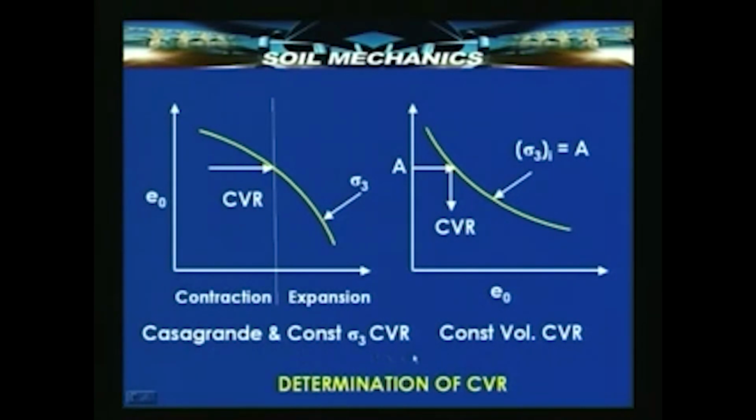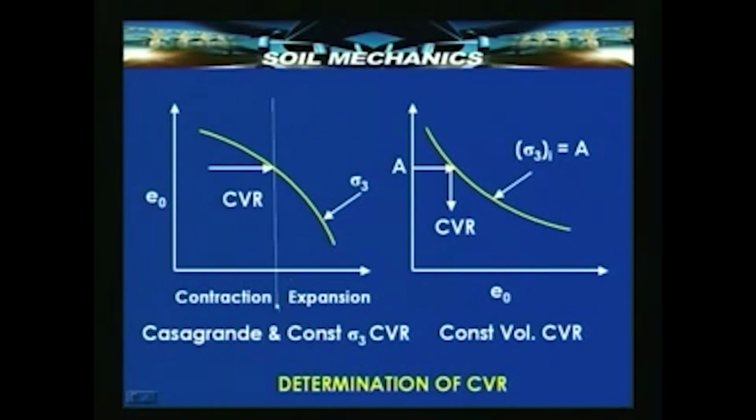Casagrande and constant sigma 3 CVR can both be determined by conducting a typical triaxial test, plotting the volume change, either contraction or expansion, against the void ratio along the y axis. Here is this vertical line which signifies that on the left of this there is contraction, on the right of this there is expansion, depending upon the void ratio.